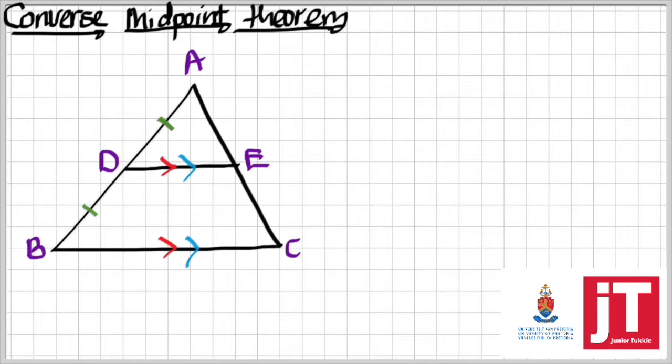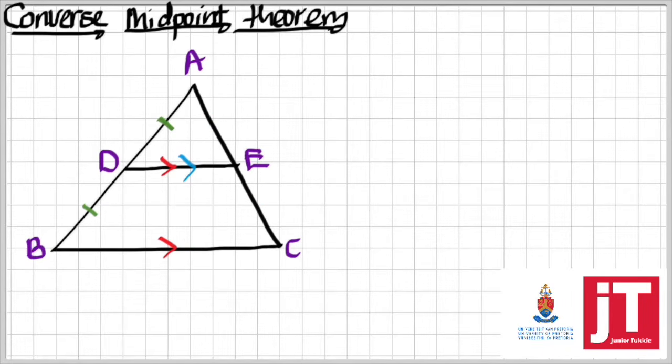That would form our conclusion. Now that is a given. What we are not given, however, is that this side here, the side AE, is equal to the side EC. That is not a given. That's what we want to conclude in the end.